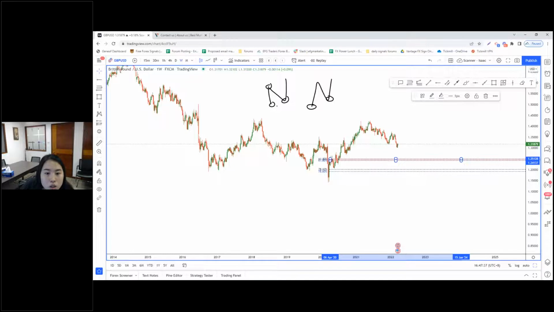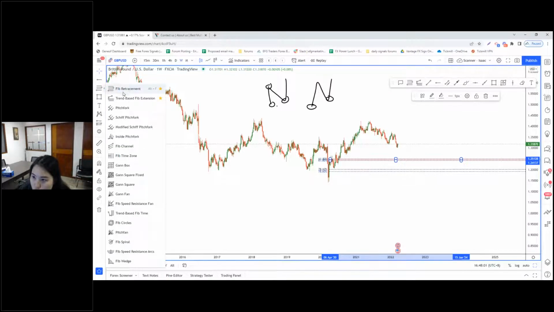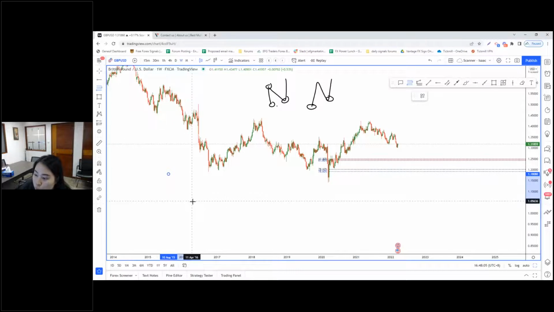Do I choose the same icons to draw retracement and extension or expansion? For retracement, extension, and expansion, the first 3, you use this tool, Fib retracement, because this is a tool that allows you to take 2 points.